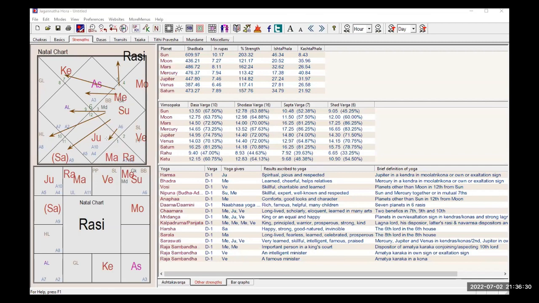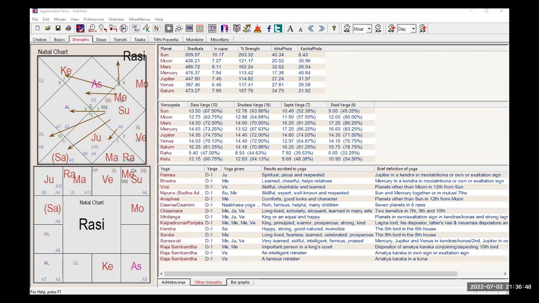In the same chart, the 12th house is the Leo sign, the Sun's own sign.